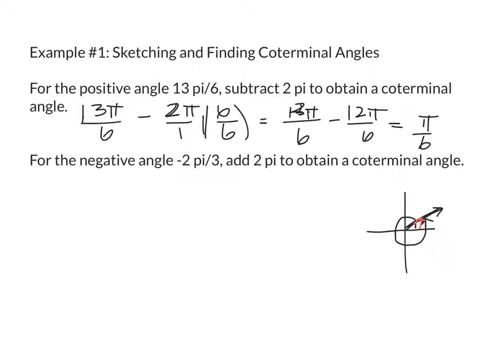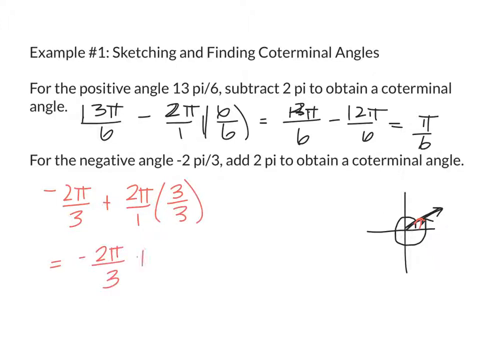It says for the negative angle, negative 2 pi over 3, we're going to add 2 pi to obtain a coterminal angle. So negative 2 pi over 3. If I add 2 pi, again, I need to find a common denominator because it's currently over 1. So I'm going to multiply by 3 over 3. And that's going to give me negative 2 pi over 3 plus 6 pi over 3.